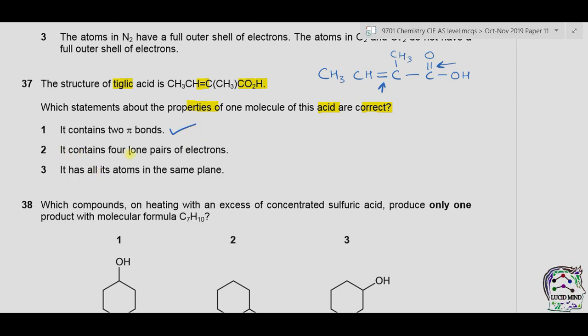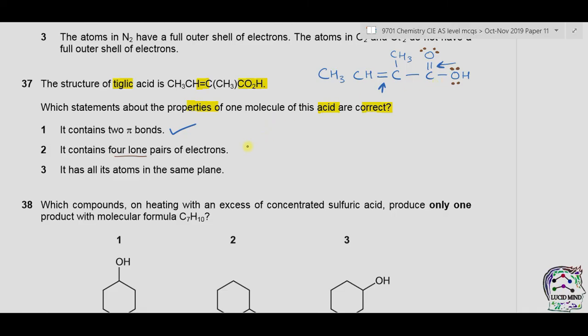Option 2, it contains 4 lone pairs of electrons. Let's find out the number of lone pairs. As we can see, each carbon atom is making 4 bonds, so no lone pair is present on carbon atoms, while oxygen is making a double covalent bond, so 2 lone pairs are present on this oxygen atom, while 2 lone pairs are present on this oxygen atom.